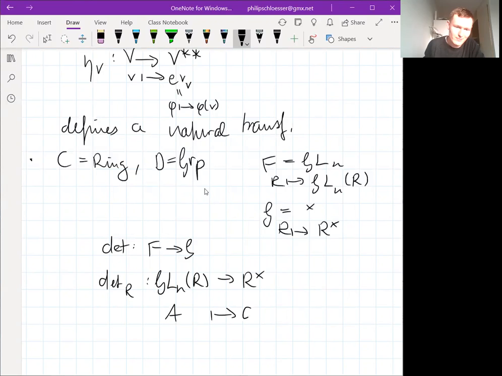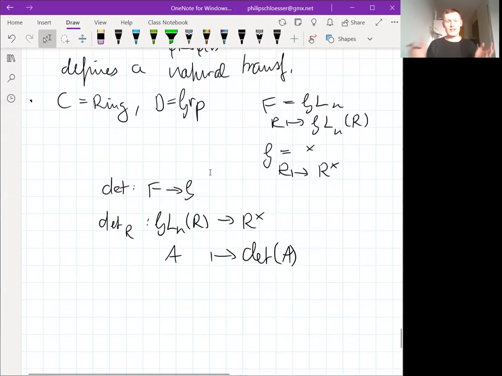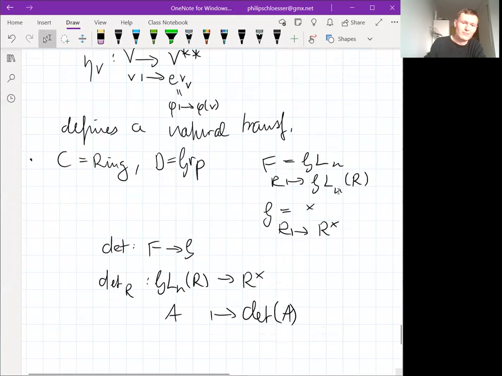It just calculates the determinant. Again, the determinant formula doesn't really depend on the underlying ring, it just doesn't care about the ring. So it is again natural, because you don't have to make any choices.